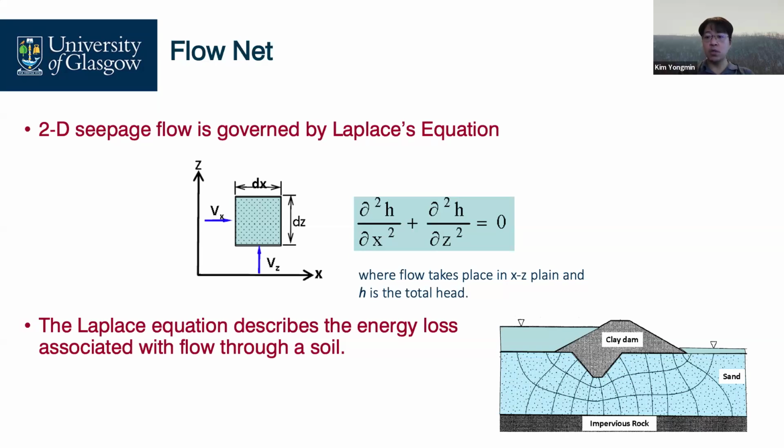It is called a flow net. Hi, Prof, you just mentioned that we find some solution, right? What is the solution? Flow rate, also water pressures, even total head. These are what we are going to find from the flow net.